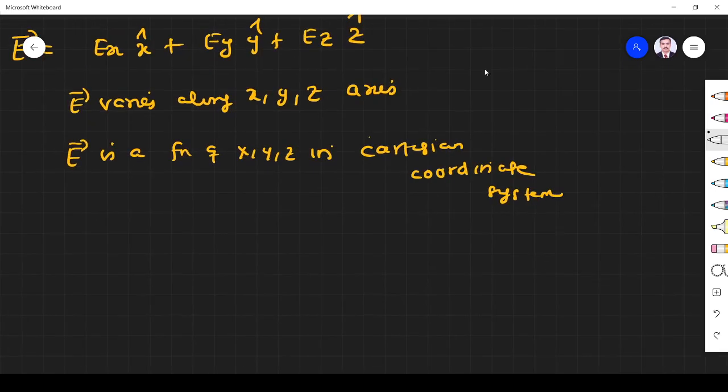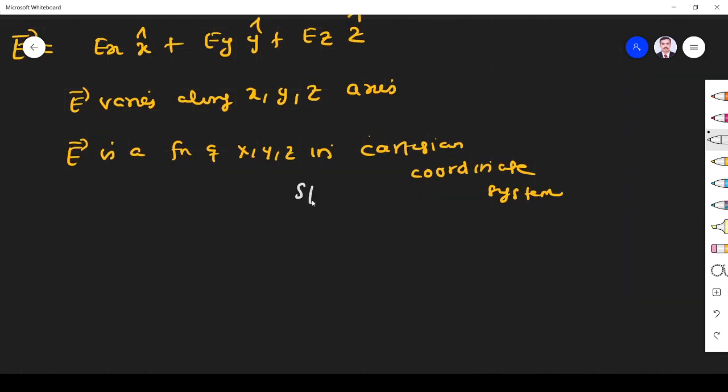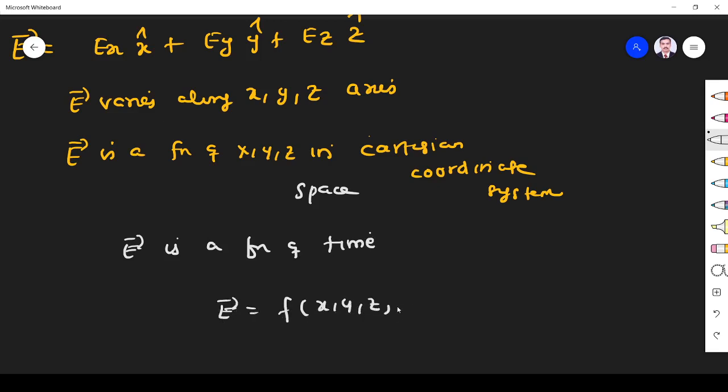So E is a function of space x, y, z and of time. Fine. So anything which is a function of space and time is known as a wave. So for electric field, this is a wave equation.